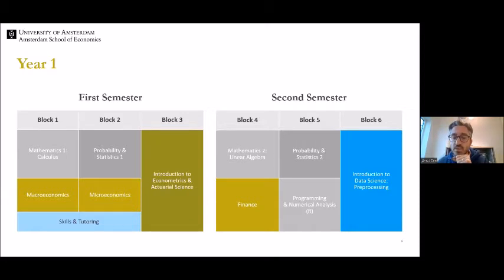Now you take the second courses. You also take a finance course and your first programming course where we use the programming language R. And then in block 6, there is an introduction to data science. So as you can see, a lot of math, a lot of probability and statistics, a lot of economics as well. This is all what these programs are about.